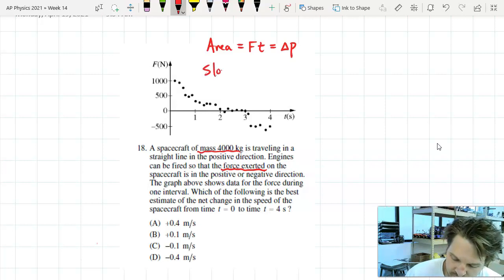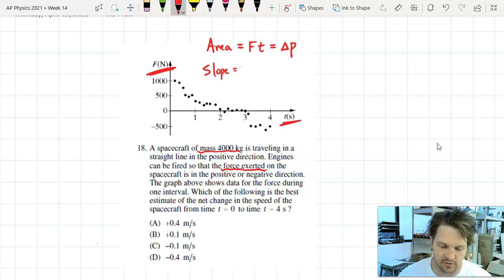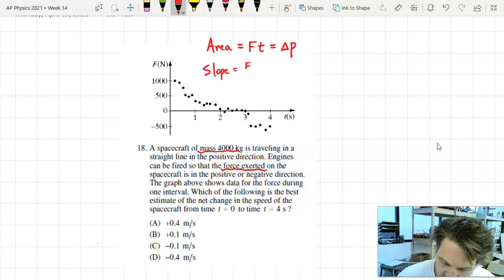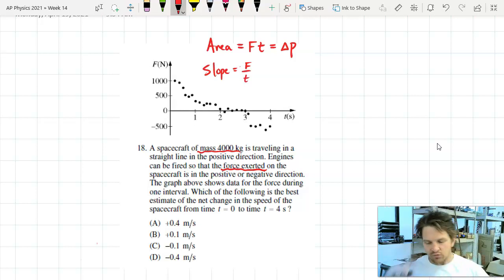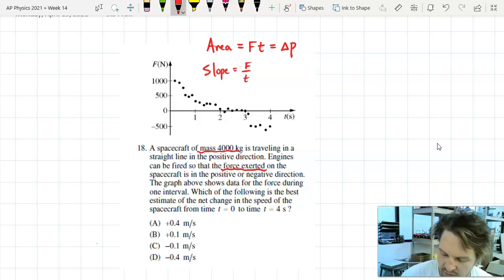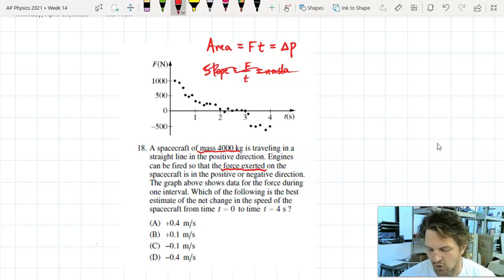And the slope would give me the y over the x-axis, right? So force over time. Which, when I think about that, I don't really have a formula that uses that. So that's actually nothing. Nada. Zilch. All right? So that is just kind of using the graph.